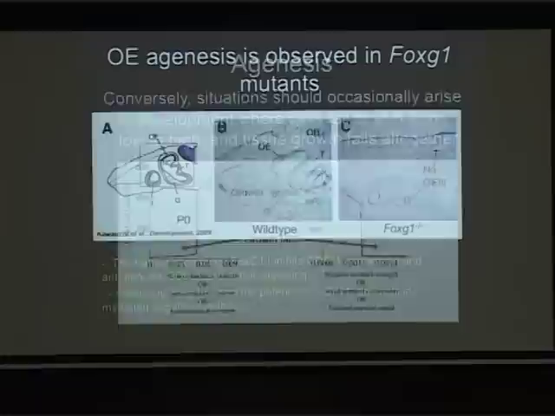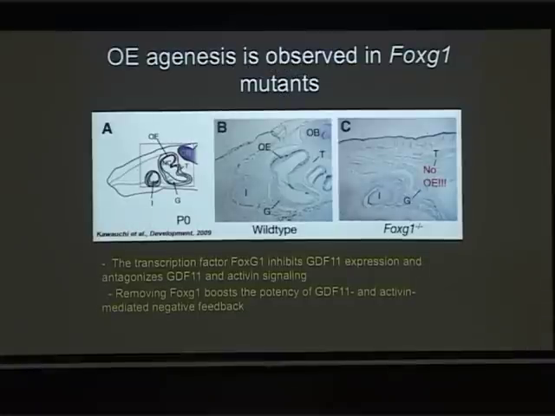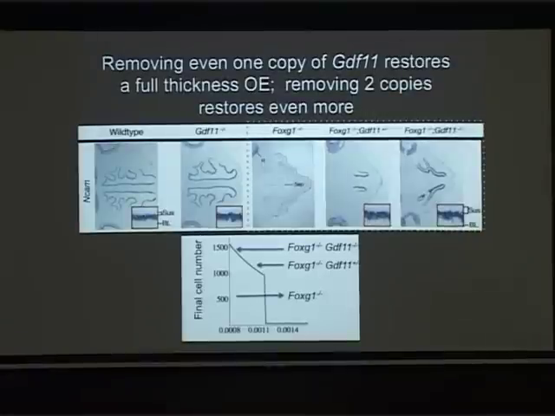And in fact, the olfactory epithelium shows just that sort of behavior. There's a mutant called FOXG1, which plays a role in GDF11 expression and signaling. And when you take it away, it's like you have way too much GDF11 activity, and the olfactory epithelium just vanishes. You get none whatsoever. But interestingly, you can titrate that in by taking away doses of GDF11, 1 copy, 2 copies.